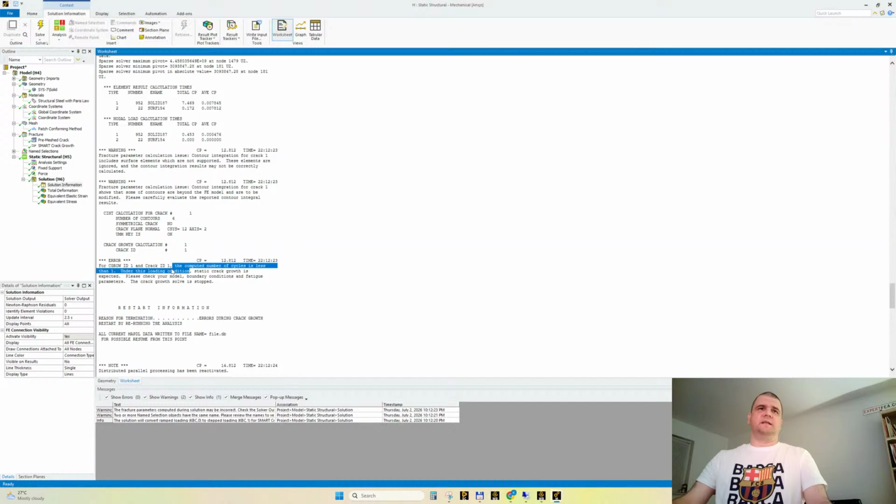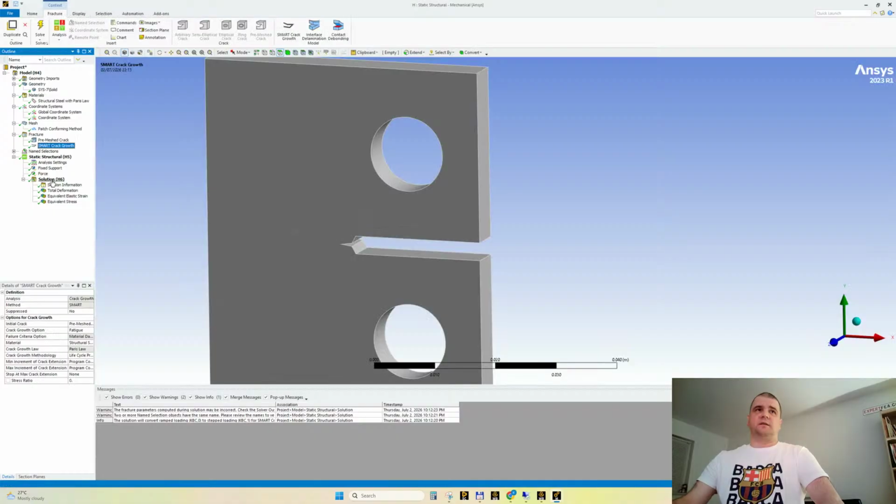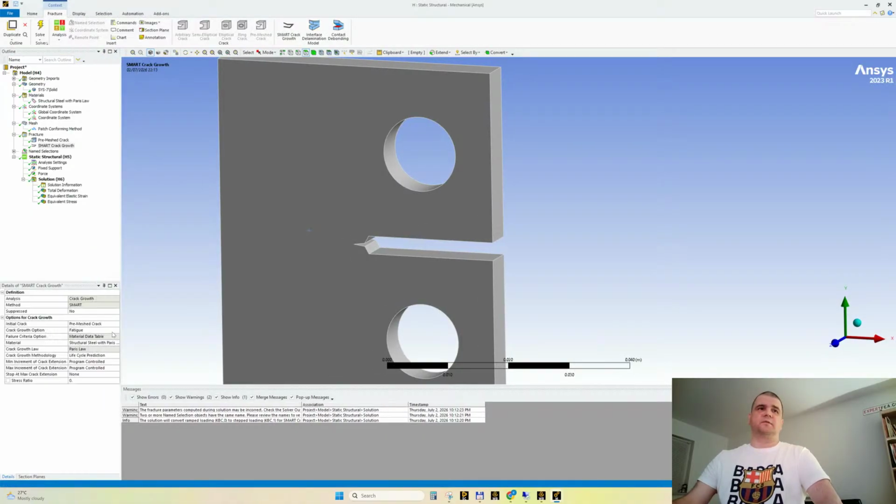What this says, in my opinion, is that the force value is too high. So high, let's say, that it goes towards what we call static crack growth. Look here, static.